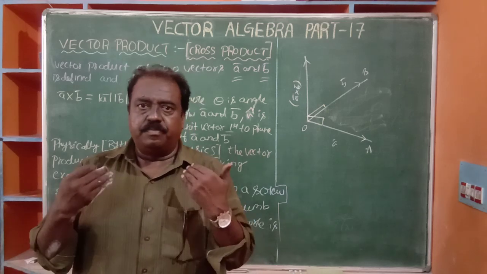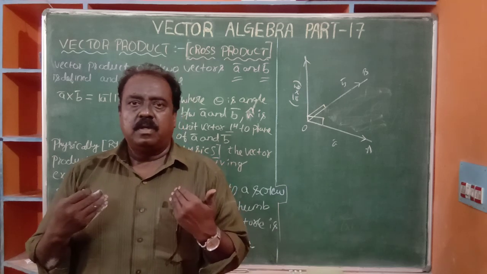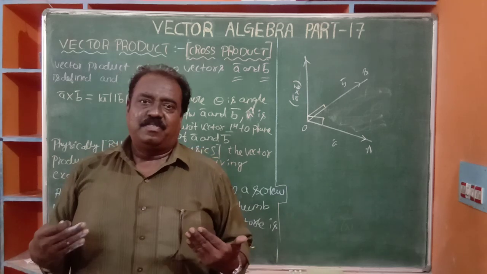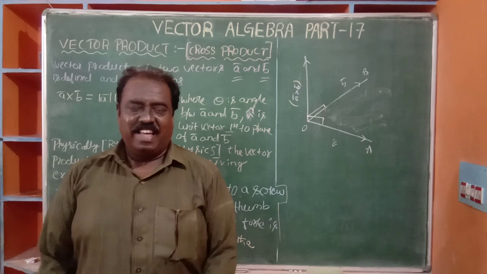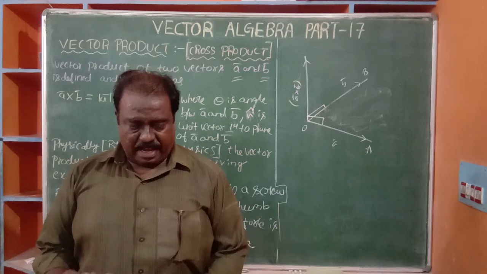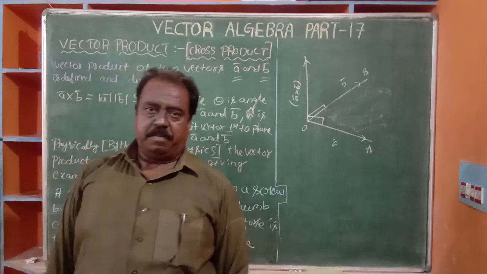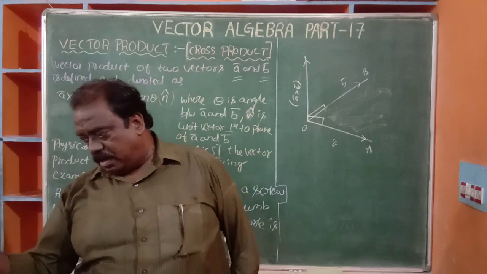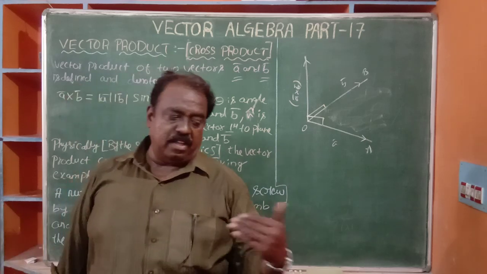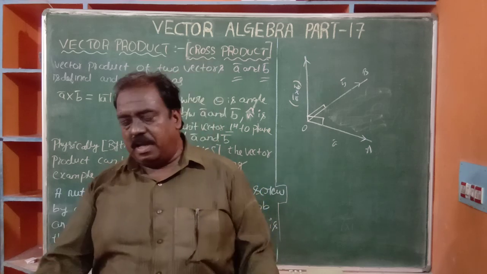Then I am A bar cross B bar. My foot is horizontal, and I am perpendicular, vertical to the plane of A bar and B bar. I am perpendicular to A bar as well as B bar, not only A bar and B bar.